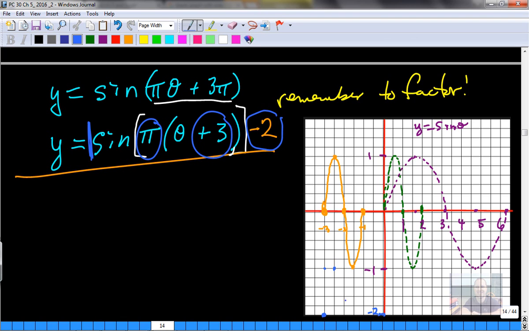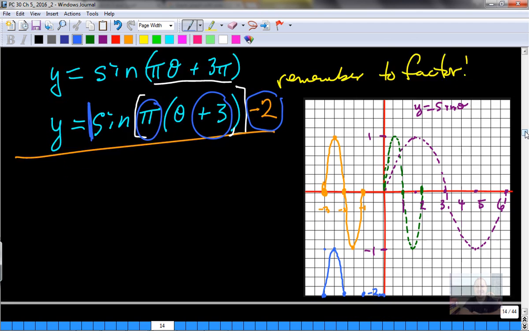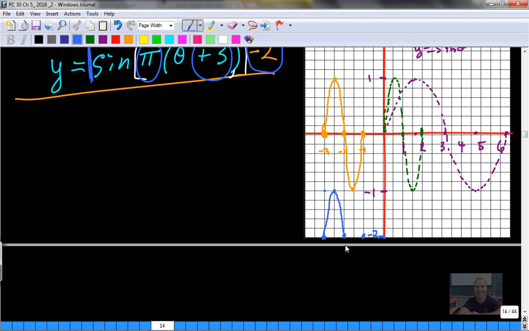You kind of get the picture. Sorry I don't have quite enough graph, but it would look like this. You just move everything 2 units down, and then this would be your final graph down here. You simply move it 2 units down. Okay?